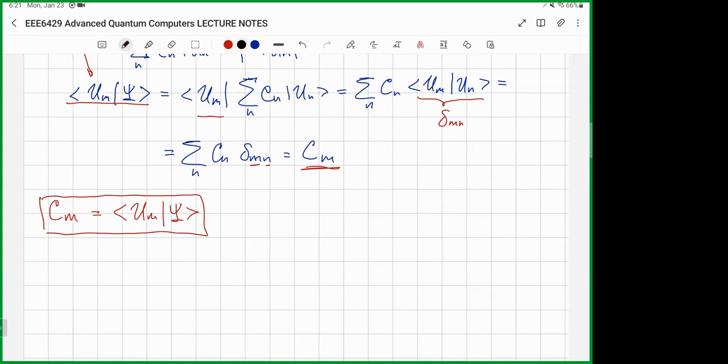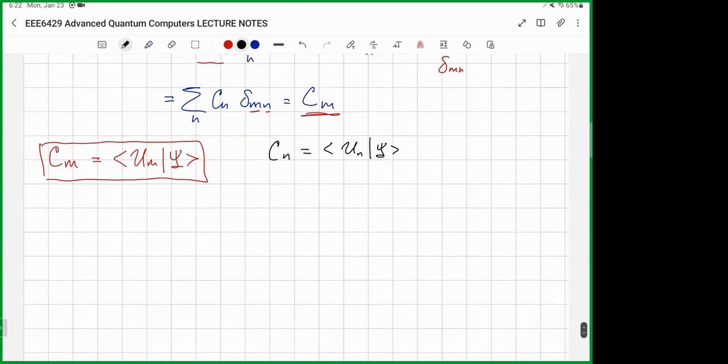And m here can be any number from the basis, so it can be cn equals un psi. Right. So this is just the projection of a state vector on one of the basis vectors.